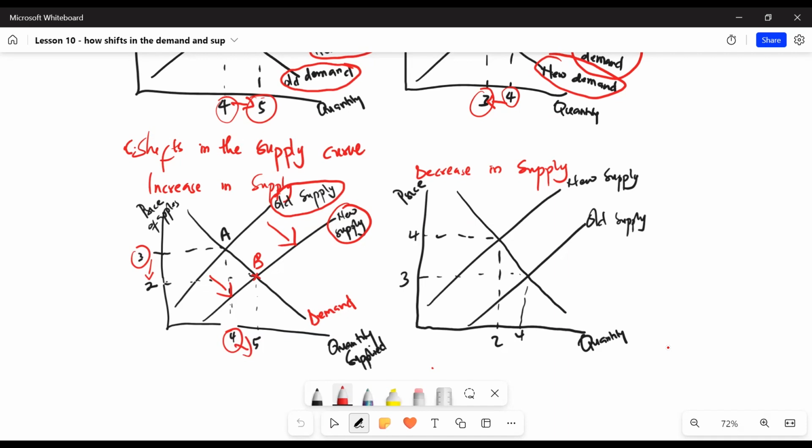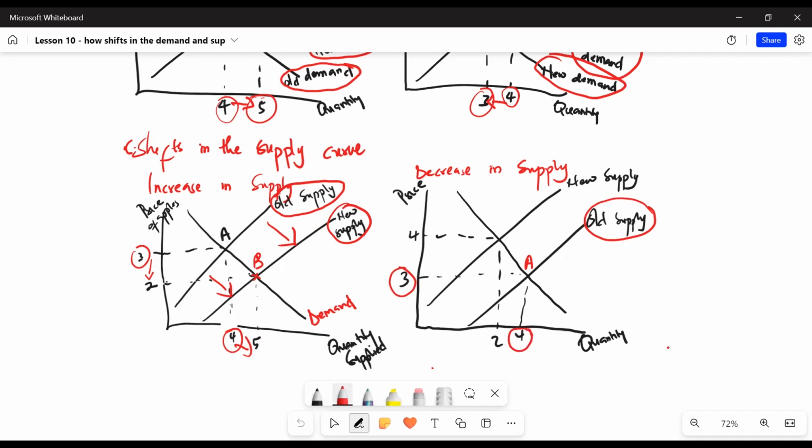Let's look at the flip side where there is a decrease in supply. If we begin from our old supply curve, at this point A, prices are 3 and equilibrium quantity is 4.